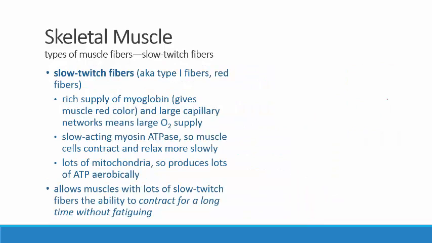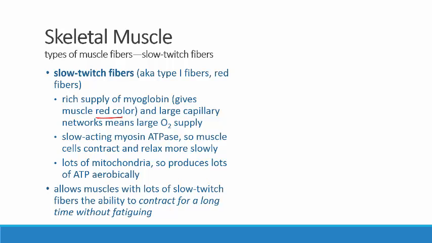Okay, so let's first look at the slow twitch fibers, sometimes called type 1 fibers or red fibers. They have a super rich supply of myoglobin, which is why they have this really deep red color. And then there are also significant capillary networks which provide lots and lots of oxygen to them. And they have a very slow-acting ATPase, relatively.